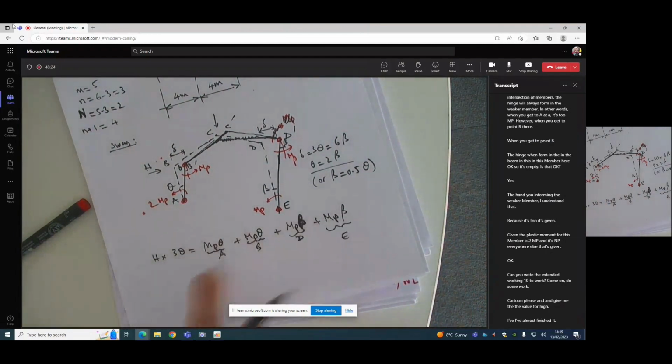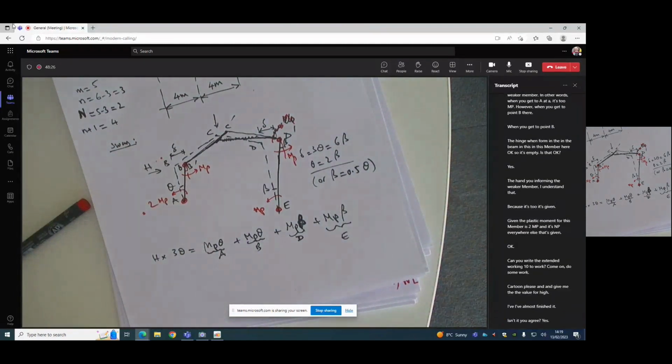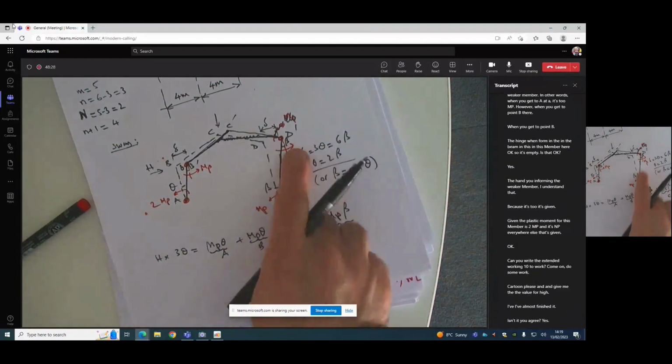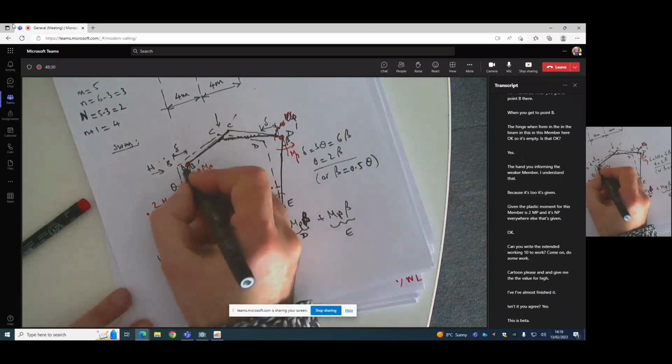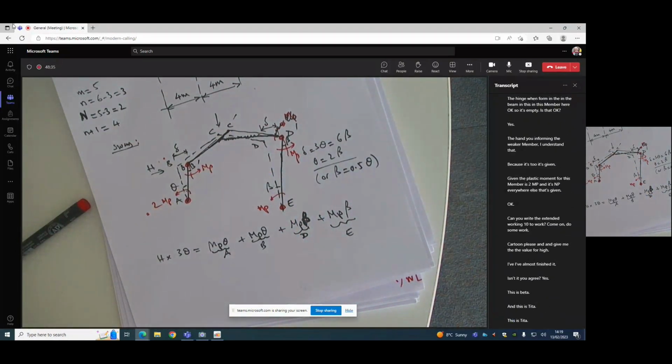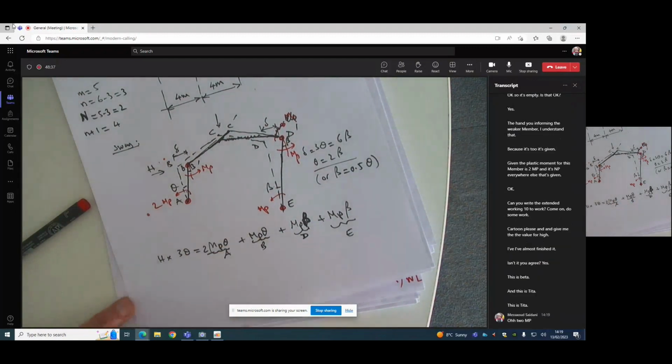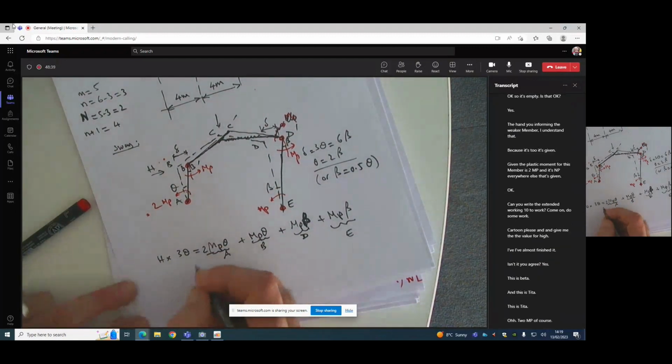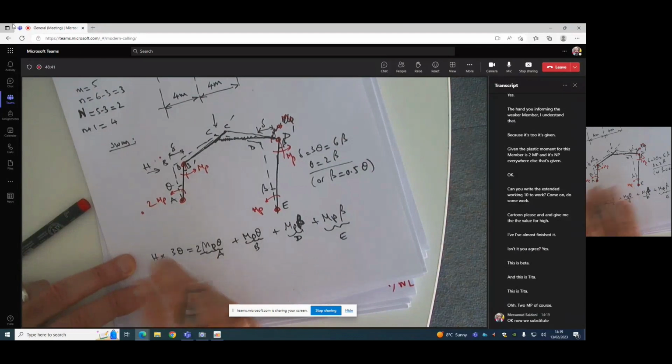Isn't it? You agree? Yes. This is beta, and this is theta. This is theta. Or 2mp, of course. Okay, now we substitute. Do you agree or not?